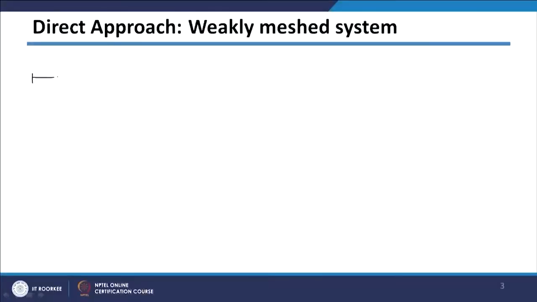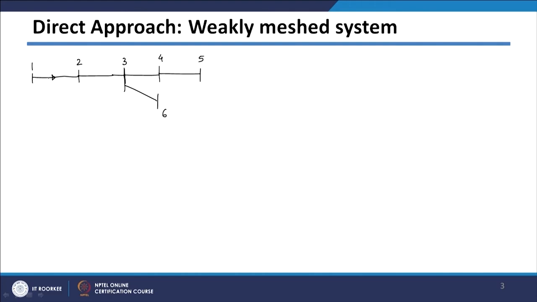In the case of a weakly meshed system, let us consider a simple system which we have already considered. Let us say you have branch 1, branch 2 and then branch 3. This is node number 1, 2, 3, 4 and one more, 5, and we have considered this system where there is one more node, node number 6, here.